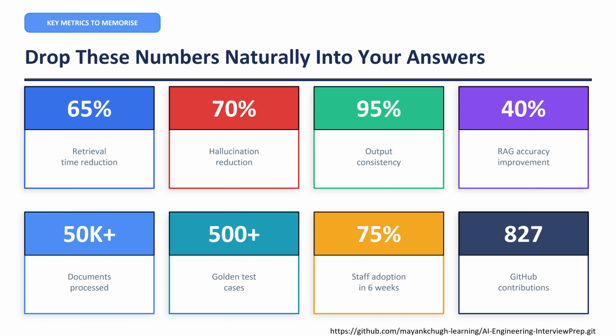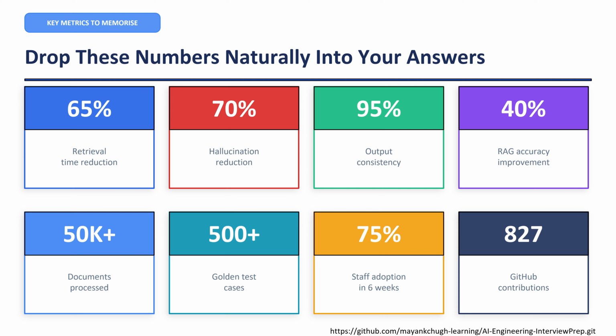This comes from the prompt engineering section, the Pydantic validation layer. 95% output consistency: before structured prompting it was 60%, after, over 95% across 500 plus test documents. 40% RAG accuracy improvement after implementing the RAG evaluation pipeline.